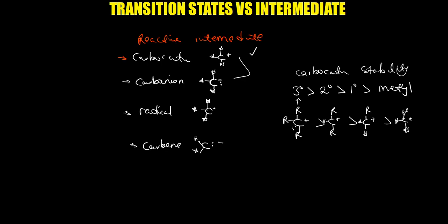Why is it like this? We know that this carbon is lacking some electrons, but when we bring these groups, R is a group, let's say a carbon, which is just a methyl, it also has some electrons. And this R here, or this carbon, also has some electrons.